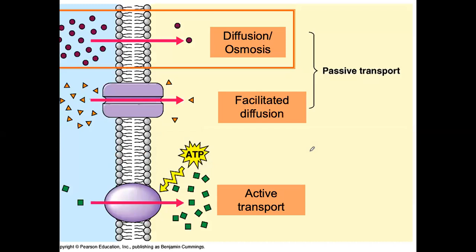Let's go over membrane transport, right? So diffusion is movement of a molecule from where it's highly concentrated to where it's least concentrated. Osmosis is movement of water down its concentration gradient as well, or movement to the side where there's more particles, right?